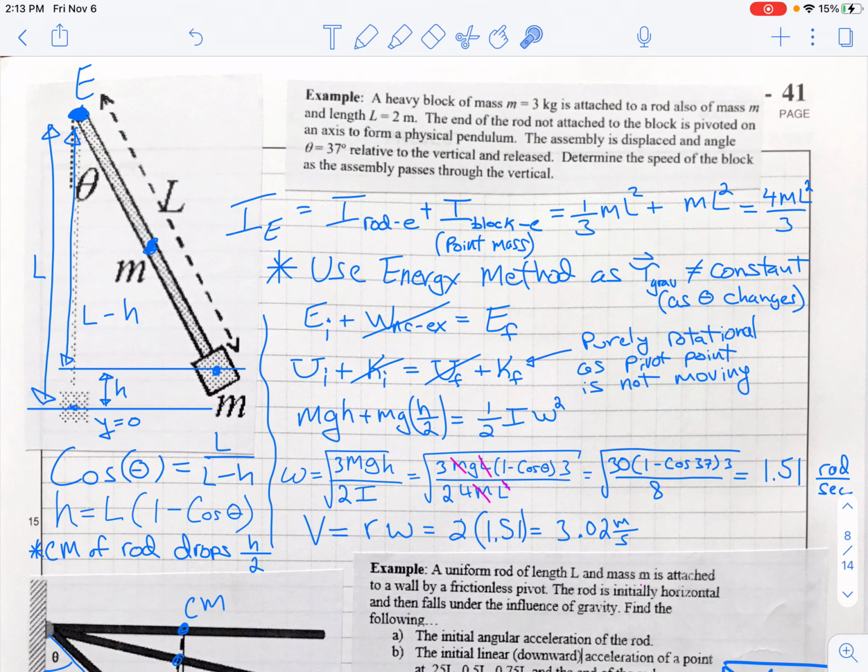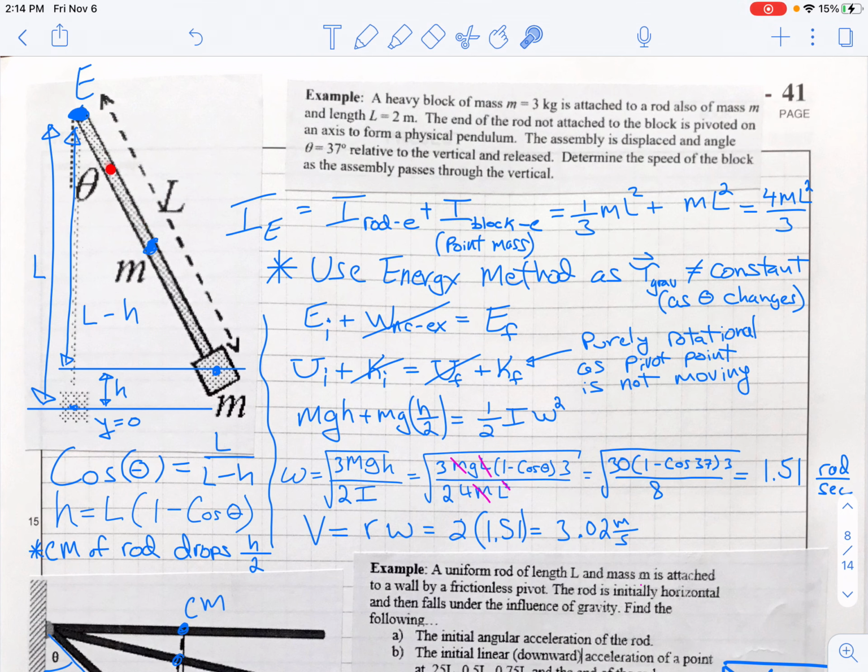So we've got what we'd call a physical pendulum, where mass is not just concentrated at the end, and gravity pulls on the center of mass of both of these. As the pendulum swings, the angle that gravity makes with the r vector, which goes from the point of rotation to the spot where gravity is applied, changes.